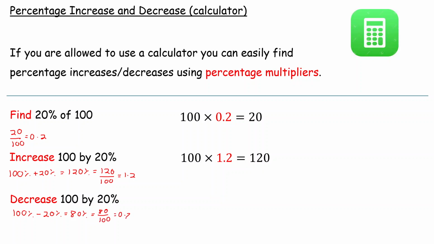I'm not going to show all this working every single time, just at the start to give you the understanding. So to decrease 100 by 20%, effectively I'm doing 1 take away 0.2, which is 0.8. So I can do my amount, which is 100, and times it through by 0.8, which is equal to 80. Okay, so 20% of 100 is 20. An increase of 100 by 20% is 120, and a decrease of 100 by 20% is equal to 80.